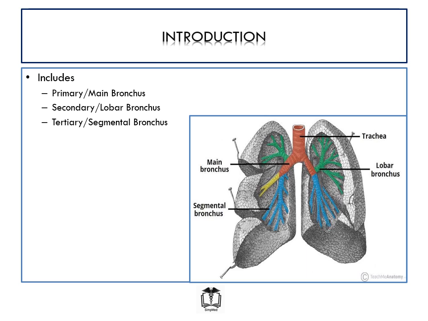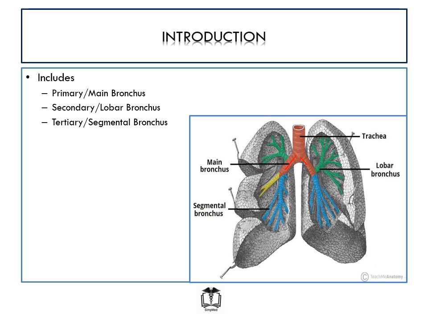If you pay close attention to the image, you notice that from the trachea we have the bronchus dividing at different points. First of all, the trachea will divide into two major bronchi, what we call the primary bronchi, in red. The primary bronchi will further divide into secondary or lobar bronchi, which you can see in different colors: the green, the yellow, and the blue.